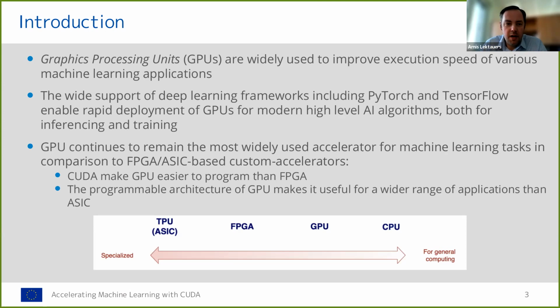And today, the wide support of deep learning frameworks, including, for example, PyTorch and TensorFlow, enables rapid deployment of GPUs for modern high-level artificial intelligence algorithms, both for inferencing and for training of machine learning models.